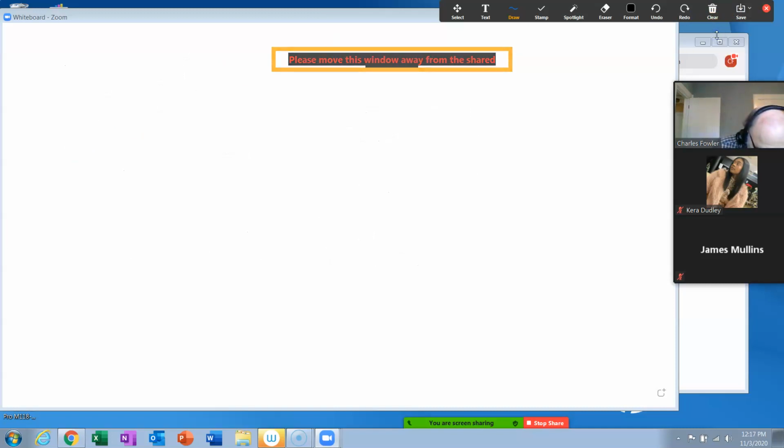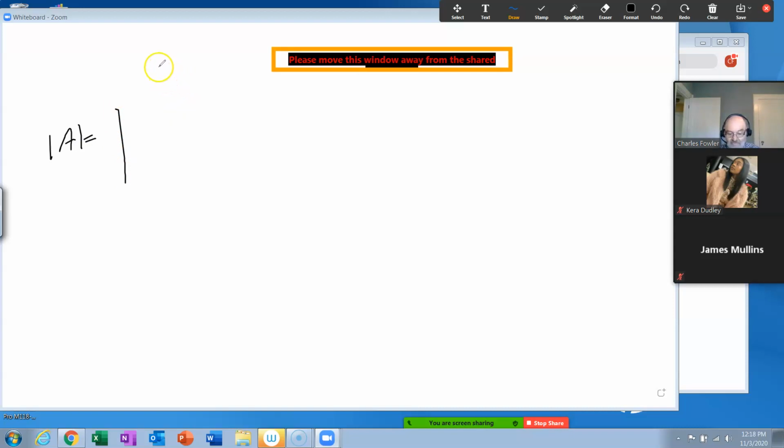Okay. It says find the determinant of the inverse for this matrix. We're going to do the determinant first.